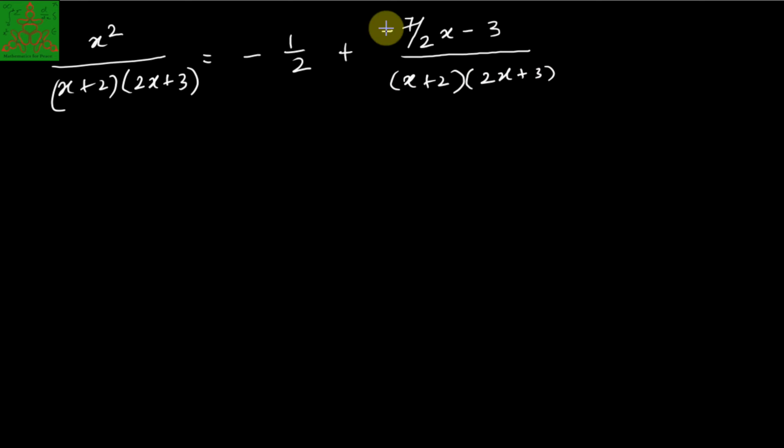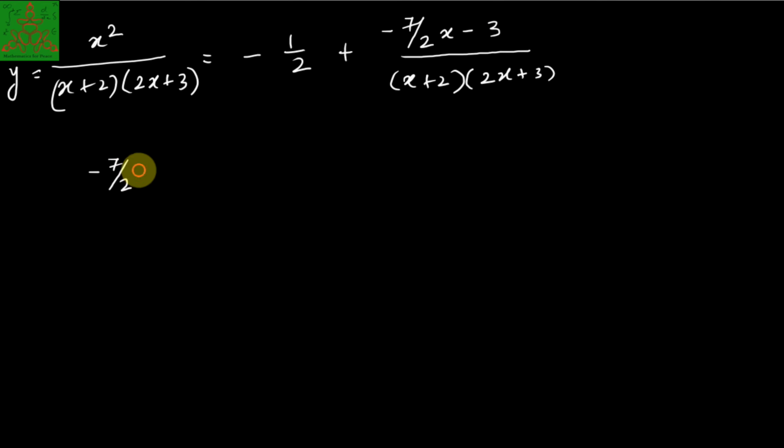Here 1 by 2 is the quotient, and minus 7 by 2 x minus 3 is the remainder. So that can be written in this way. Now you can see this is my y, which I have expressed in this fashion. Once we have divided, the degree of the numerator is now less than the denominator, so we are able to take the partial fraction of this quantity.